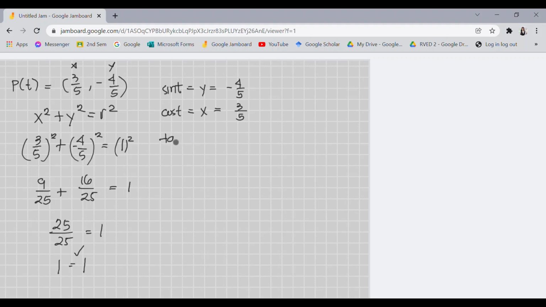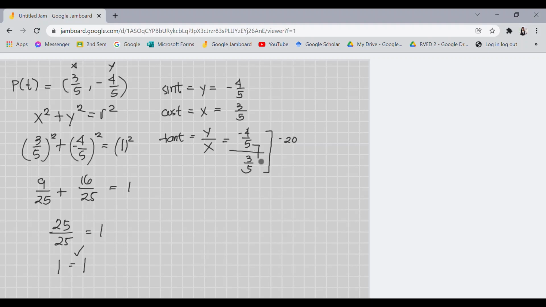And then tangent t, that is y over x, as I mentioned earlier, meaning that is sine over cosine. So, what is our answer for sine t? That is negative 4/5 over positive 3/5. Let's simplify this fraction again. Outer, that is negative 4 times 5, we have negative 20.